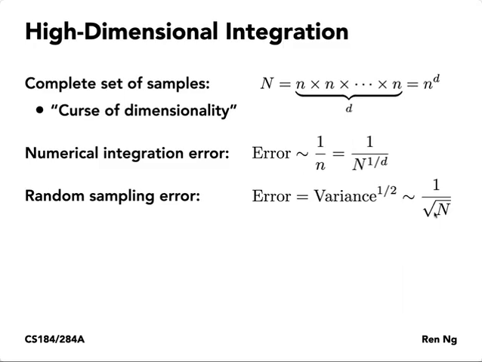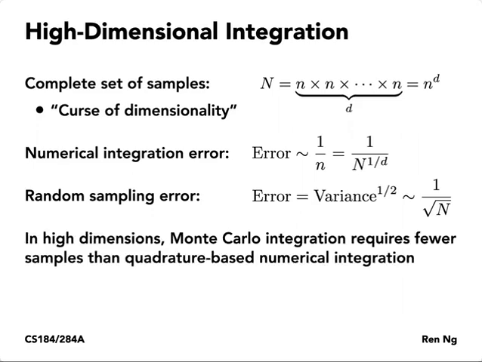Now, this is a lot better, right? N to the minus one half is a lot better than n to the minus 1 over d if d gets really high, if the dimension of the integration domain gets really high. So that's the key here. For high dimensional integration, random sampling starts to win. That's what the sentence basically says.